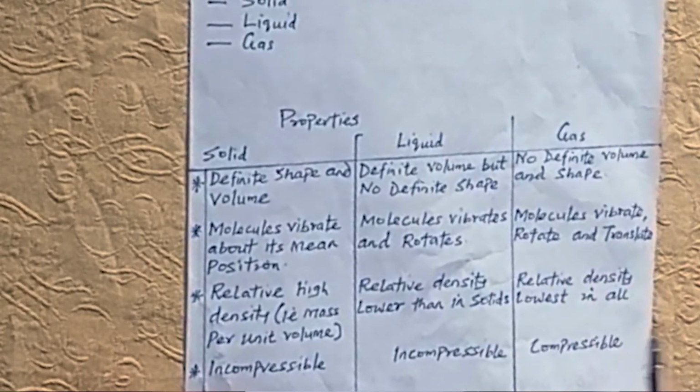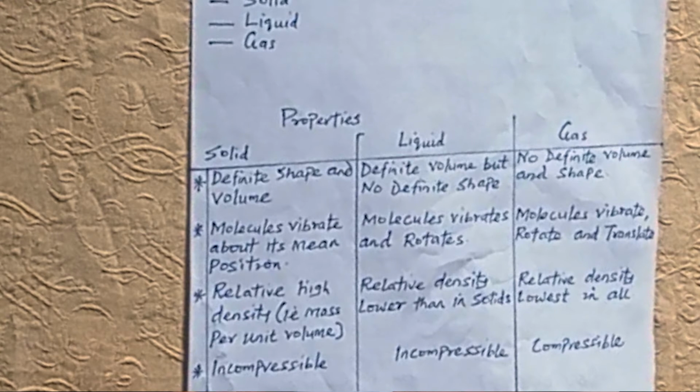Now, looking at the liquid, we say a liquid has a definite volume but no definite shape. What does it mean? It means that a liquid can only take the shape of its container. So wherever you put a liquid, that is the shape it will take, whether in a cup or in a bucket. So it has a definite volume but no definite shape.